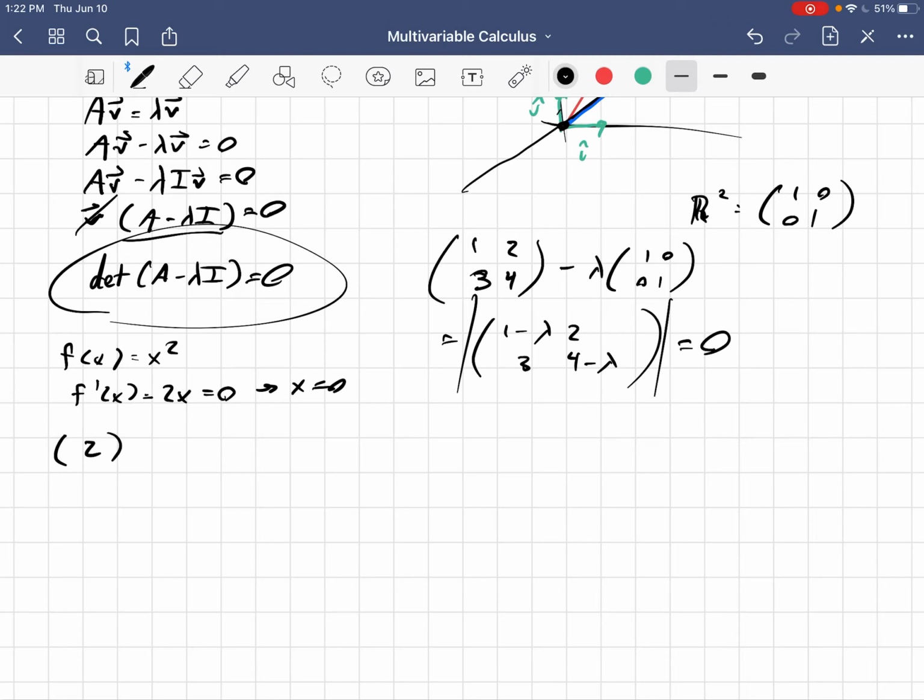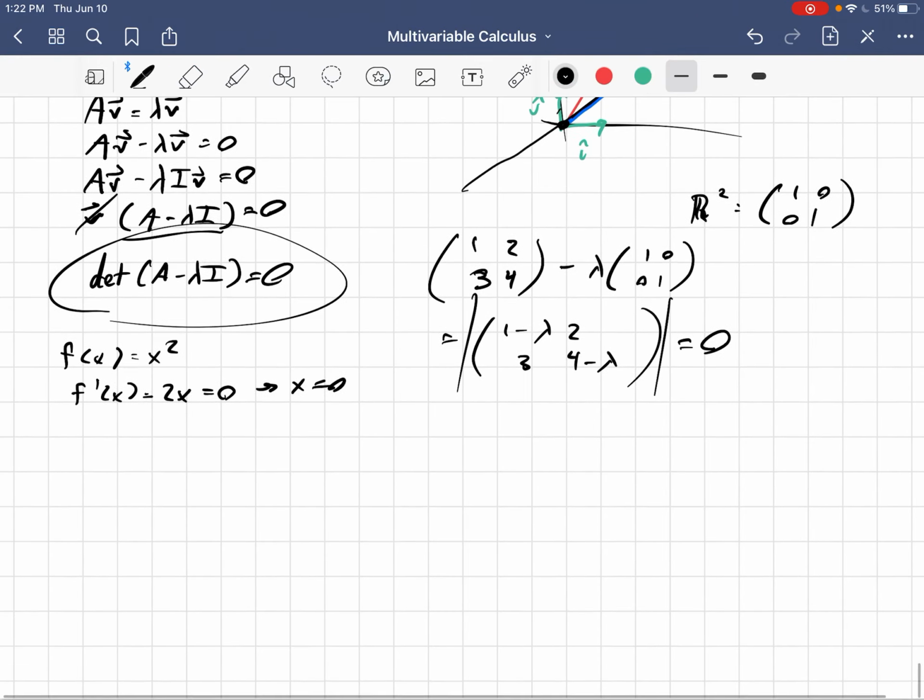The eigenvalue of that matrix isn't very interesting: 2 minus lambda, determinant equals 0, so lambda is the second derivative. But realize that is actually what you're doing in the single variable case. The second derivative test isn't so much about the second derivative as it is about the signs of the eigenvalues.